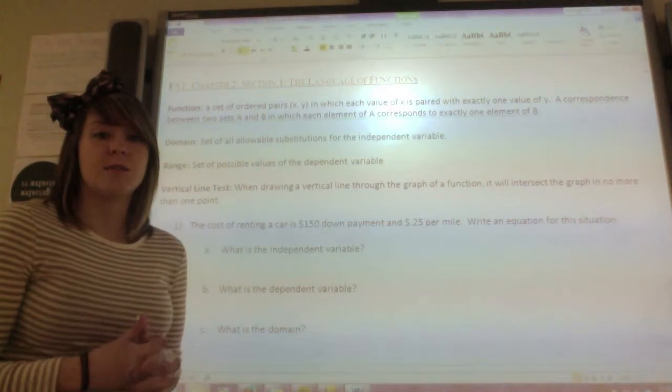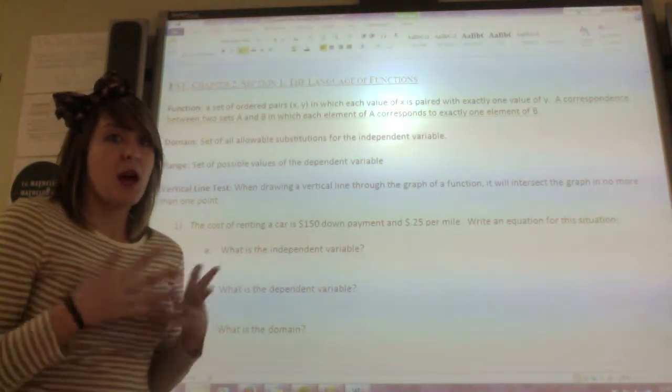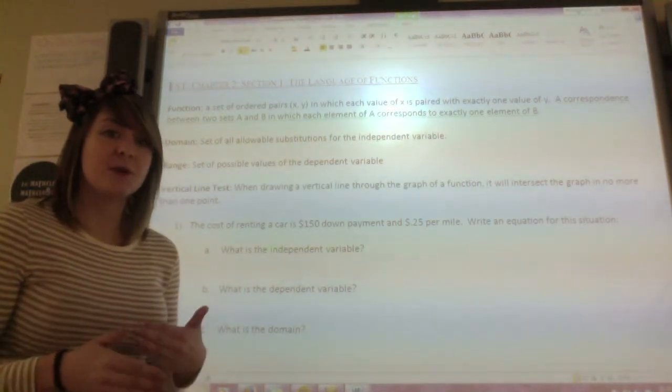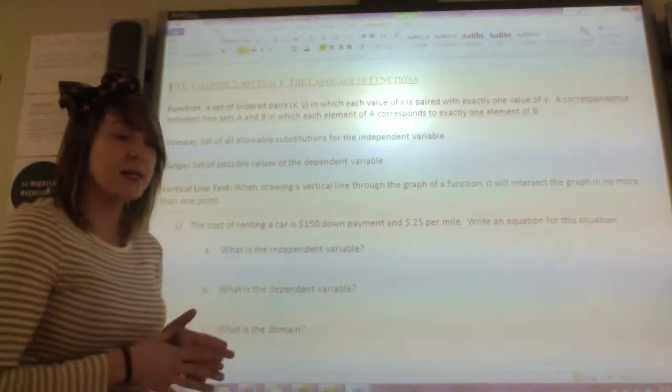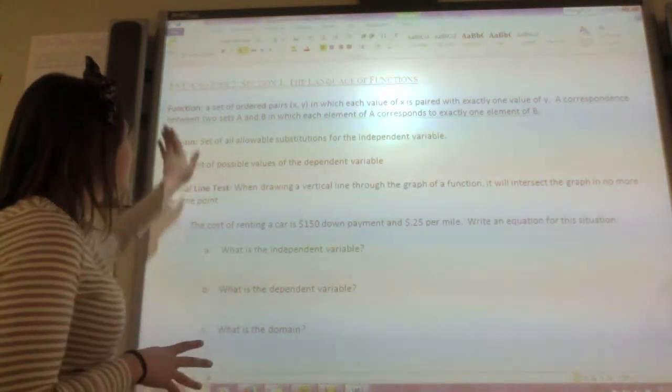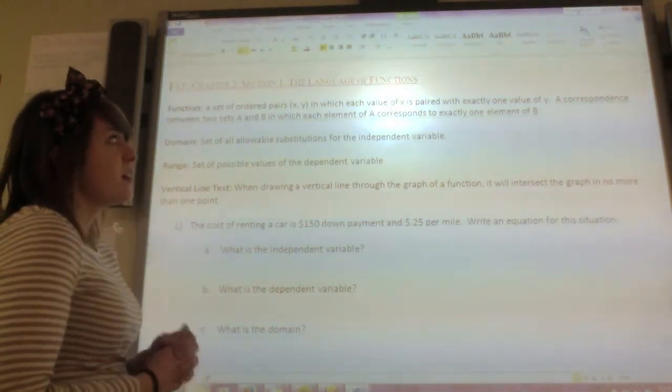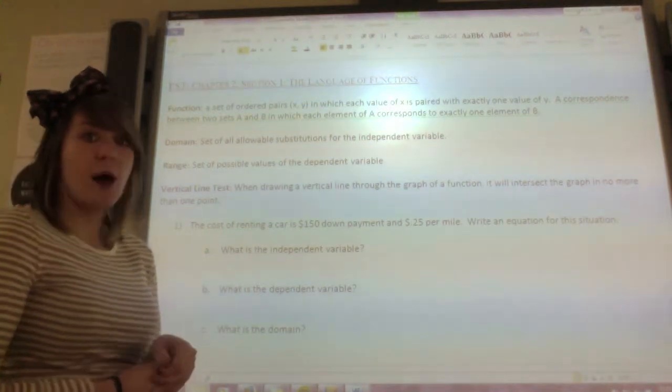We're basically just going to be talking about what these words mean. Okay, so how can I take these words and interpret them into mathematical ideas? So a function is a set of ordered pairs (x, y) in which each value of x is paired with exactly one value of y.